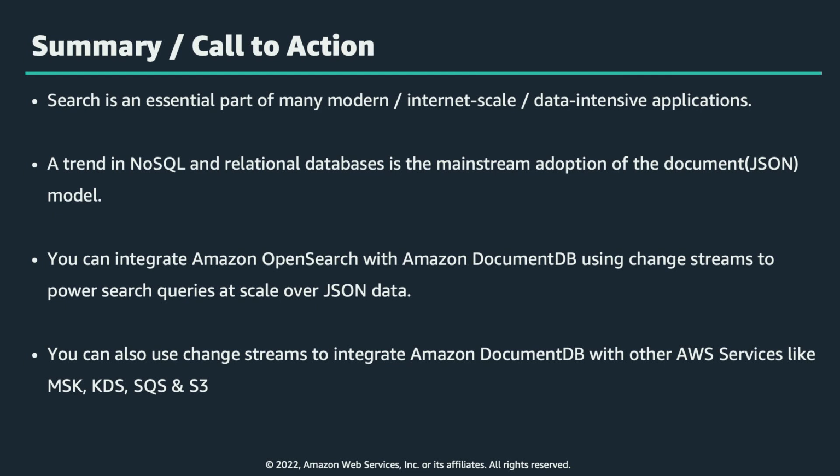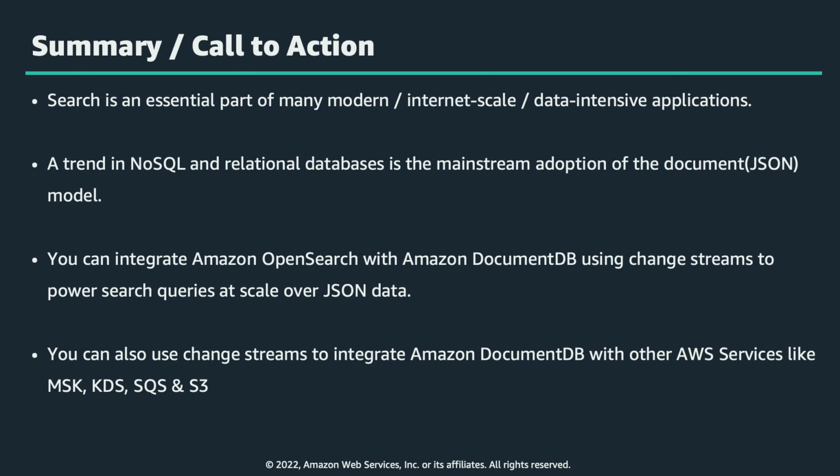Really quick: search is an essential part of many modern internet-scale applications. A trend that we see in NoSQL and relational databases is the mainstream adoption of the document or JSON model.